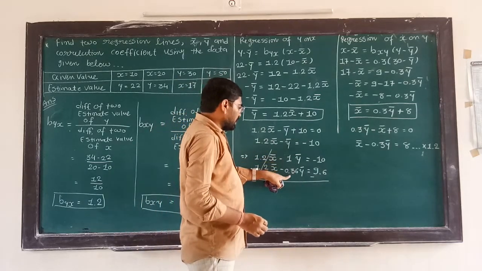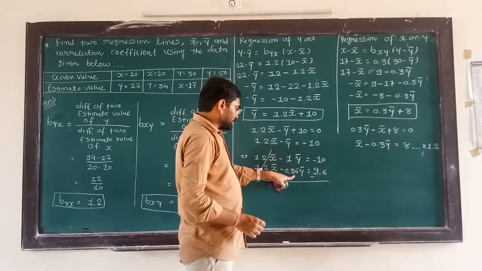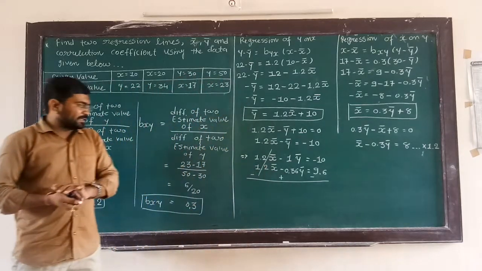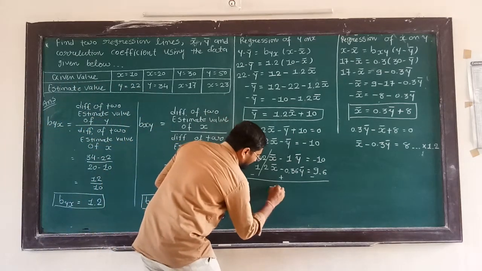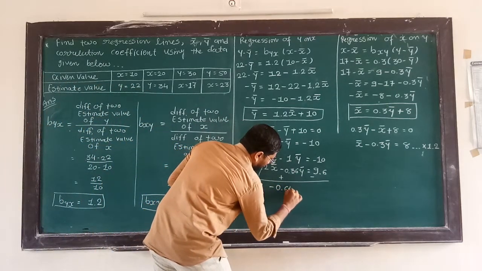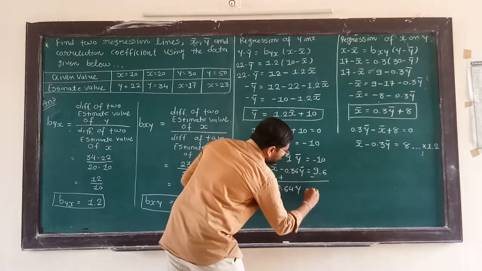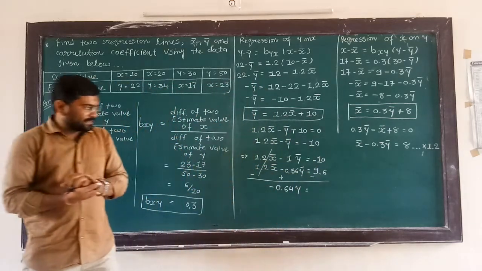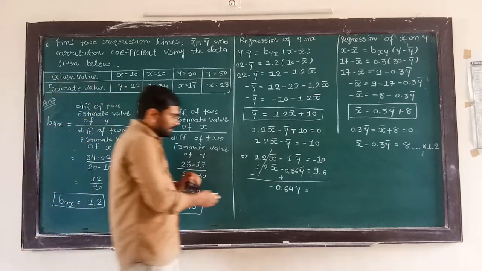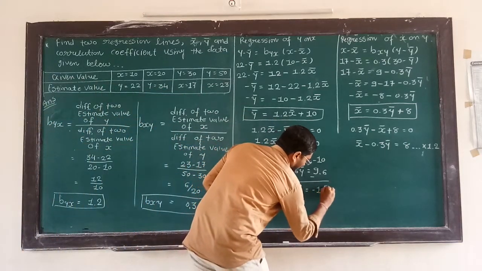Here minus 1 and 0.36 gives minus 0.64 remaining. Here minus 10 and minus 9.6 is minus 19.6.